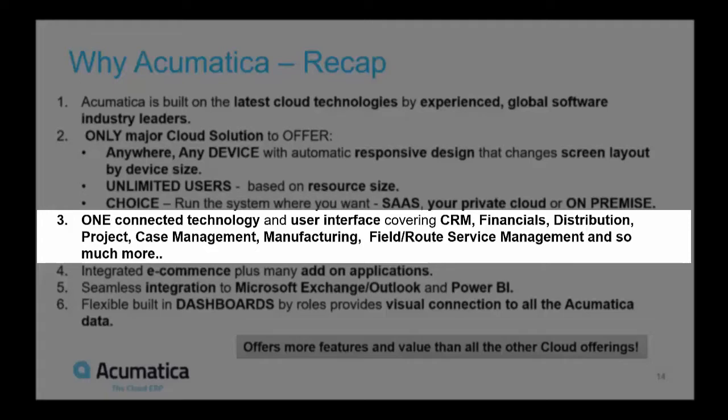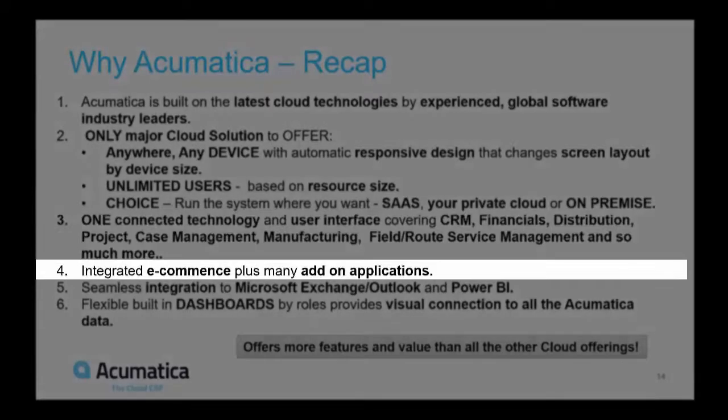The fact that all these other global players, companies that are over $1 billion, have decided to go in that direction. The solution has CRM, financials, distribution, project management, case management, manufacturing, and field and route service management. They're all written in that same user interface. One interface, one methodology to learn for your team. Integrated e-commerce.